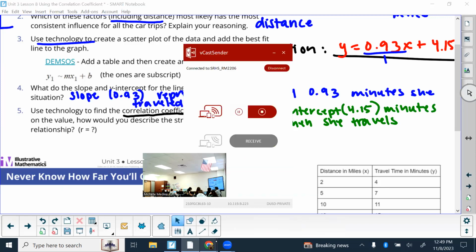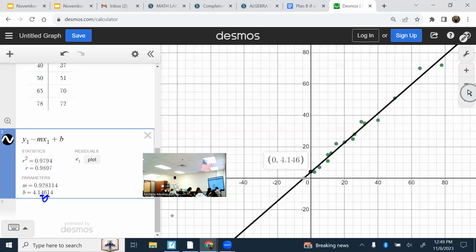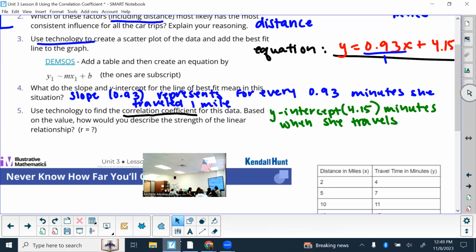So go back to your y-axis. At the y-intercept, what's the value of that? Yeah. So, and remember, x was distance. So that's how much time she spends traveling, even when it's 0 miles. 4.15 minutes when she travels 0 miles.